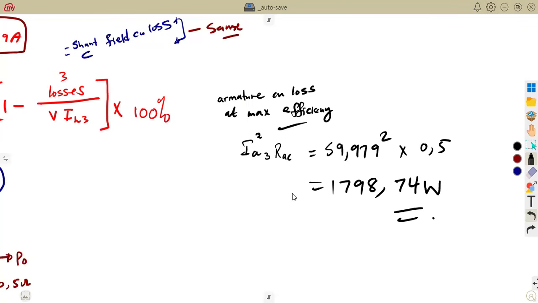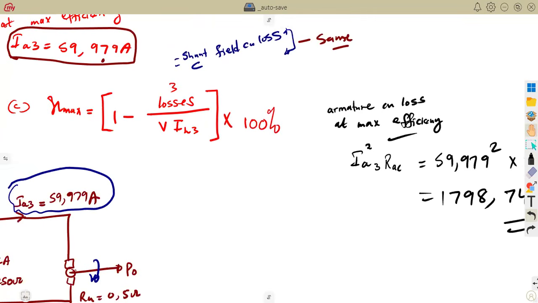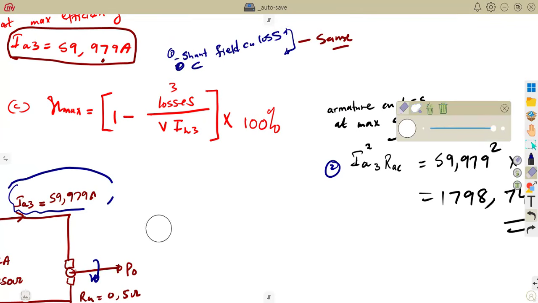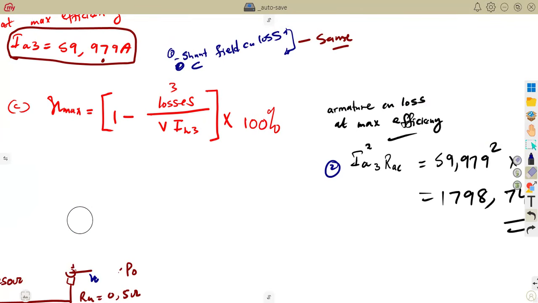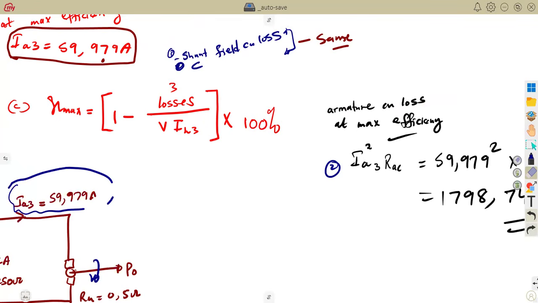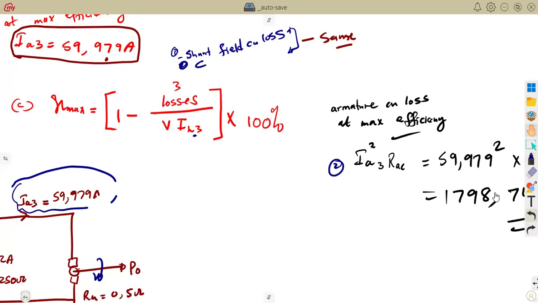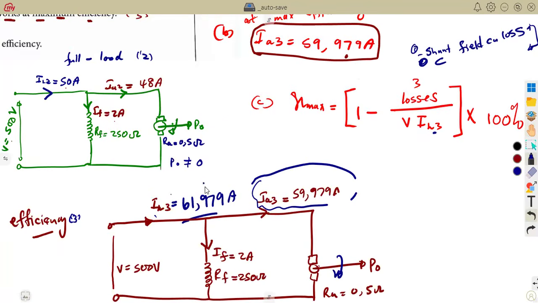We needed this loss so that it gives us the third one, because these two are already there. Shunt, this one did not change. So this is the third loss that we have. With these losses, the load current is going to be necessary, knowing this diagram.